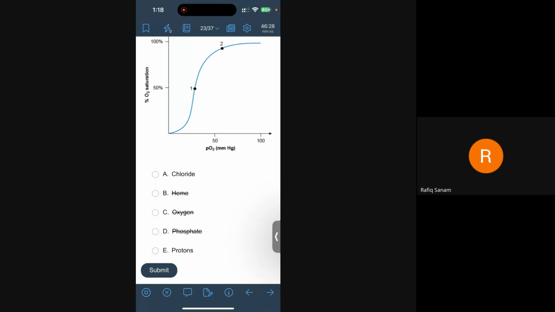So do you know the chloride shift? What is the chloride shift? Does venous blood RBCs have more chloride or the arterial blood? Which one has more chloride?